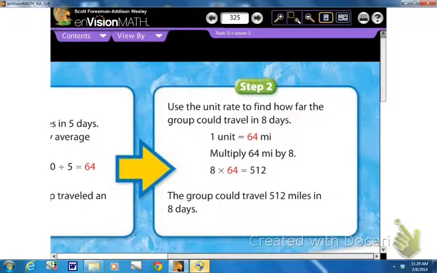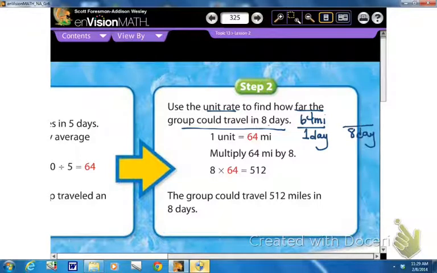All right, now that you know the unit rate, 64 miles in 1 day, now they want you to find out how far they could travel in 8 days. Right, so we want to have 8 days here and find an equal ratio or a proportion.